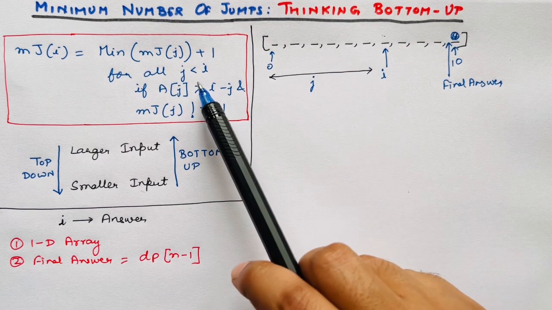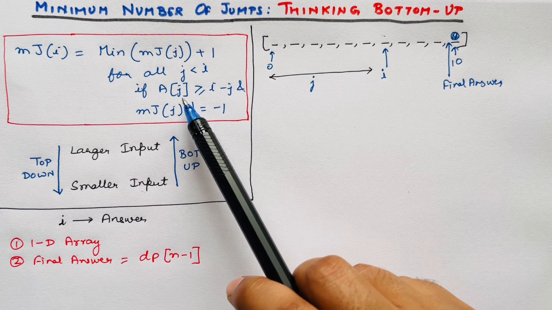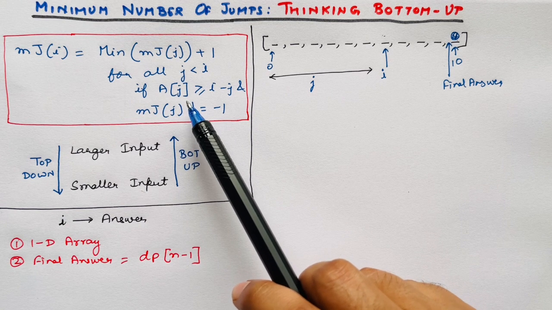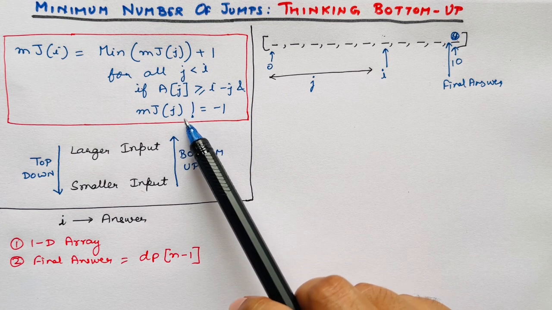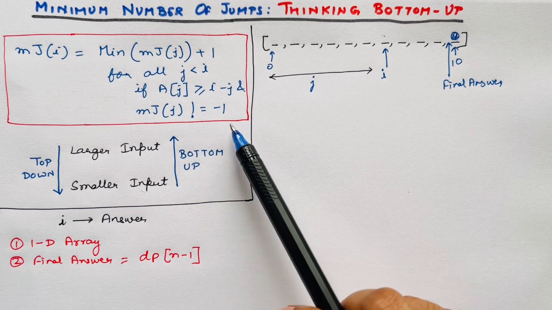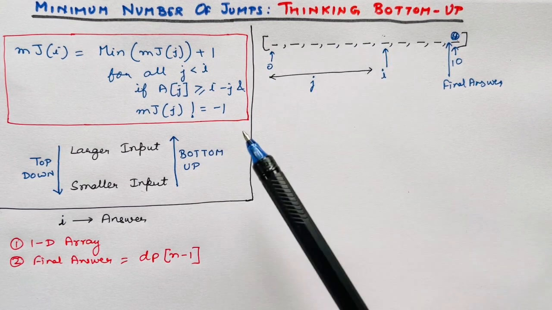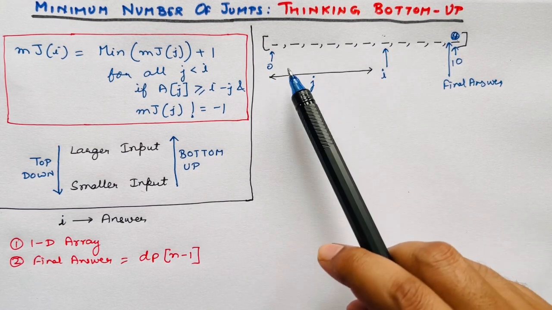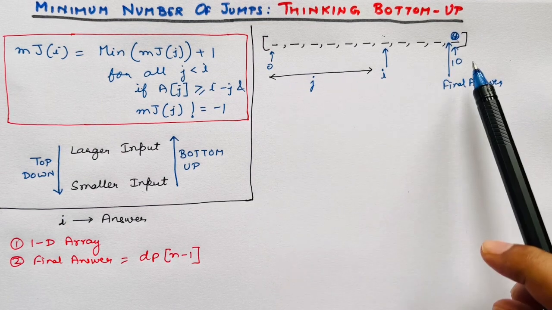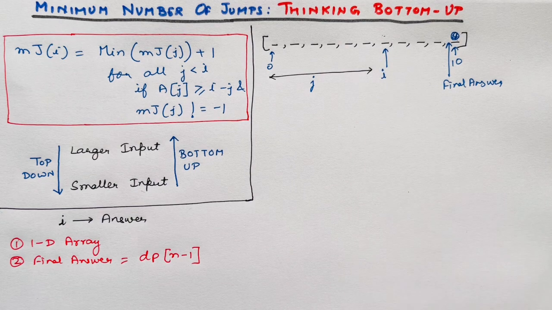We also need this information: what is the value of aj? We obviously have this information since we have the original array. And we again need this information, that minimum number of jumps to reach j should not be equal to -1. We will obviously have this information if we have filled this part of the array. So we know that we have to fill this array from left to right, and using this recursive relation, we can fill the value at this index.